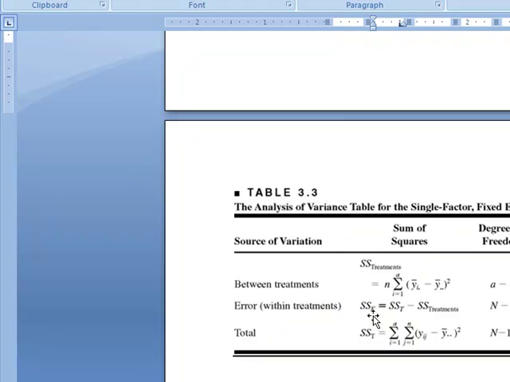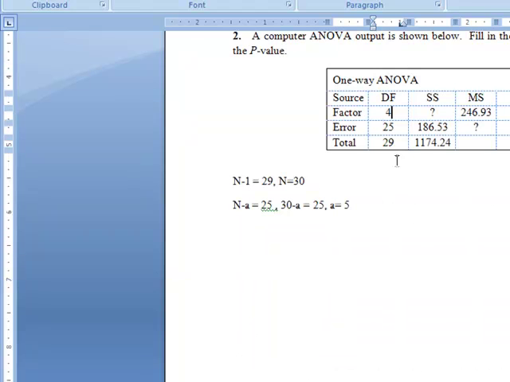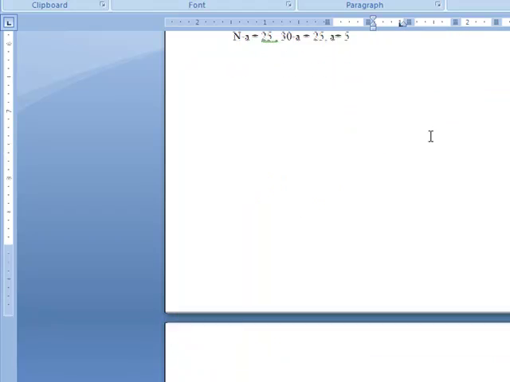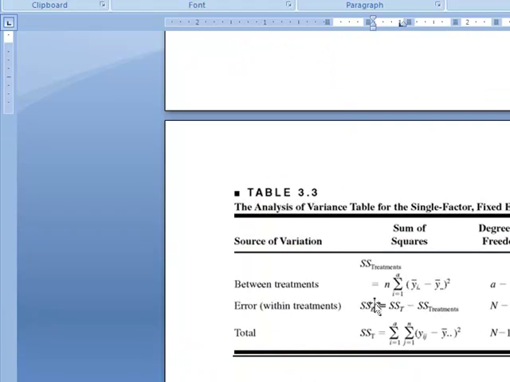We know SS, the sum of squares for the error, and the sum of squares total. We know these values here, right? And we know the expression that sum of squares for error is equal to sum of squares total minus sum of squares treatments.